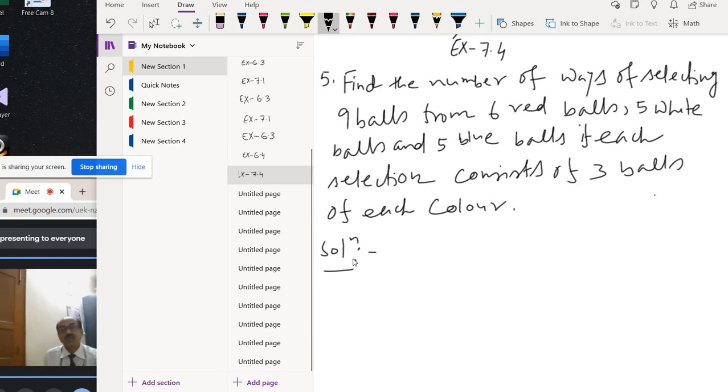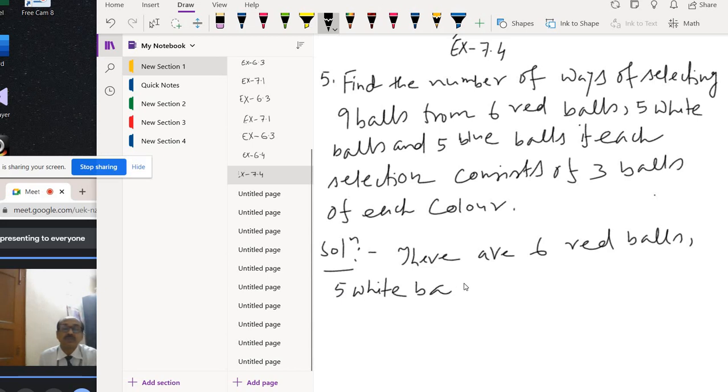Okay, so there are 6 red balls, 5 white balls and 5 blue balls.